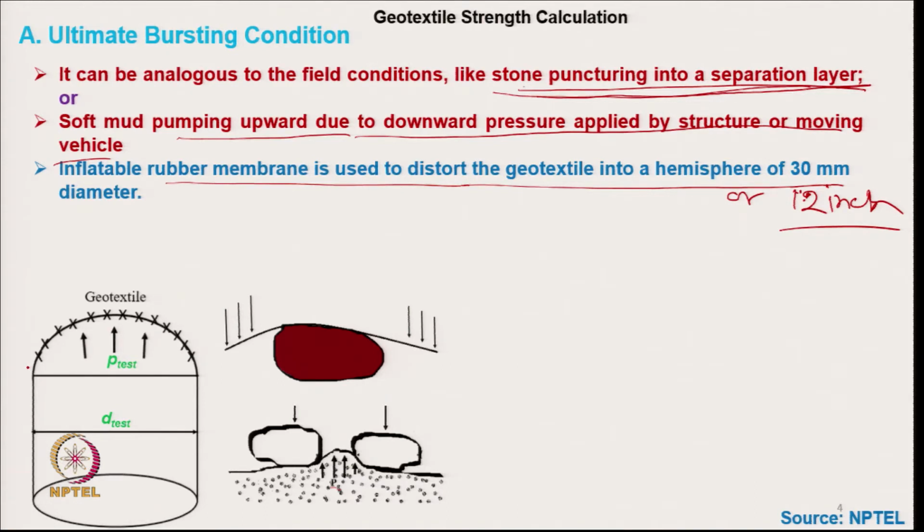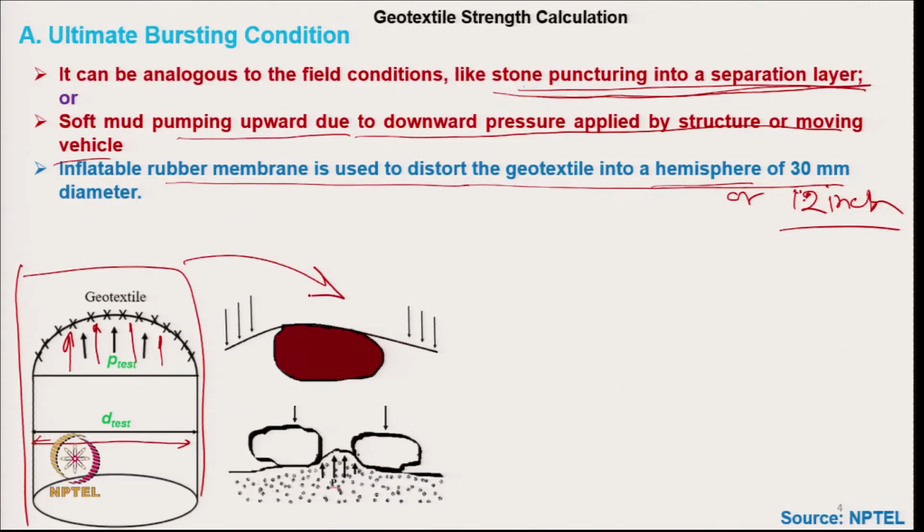Here hemispherical shape is generated and this is the diameter of test, which is 30 millimeter standard or 1.2 inch, and this is the pressure applied on the geotextile during test. This situation is the laboratory situation where we can test the bursting strength of geotextile, and we would like to correlate with the field condition.